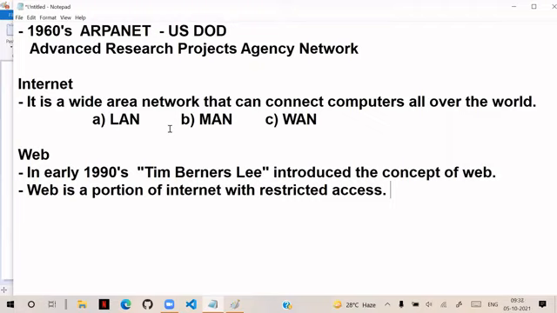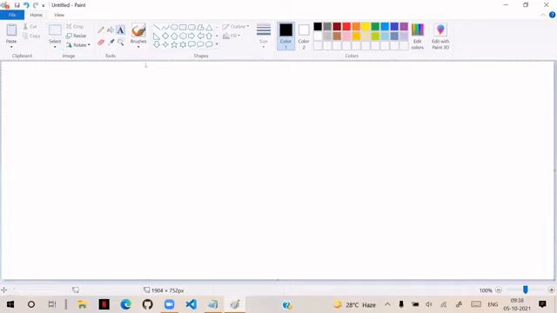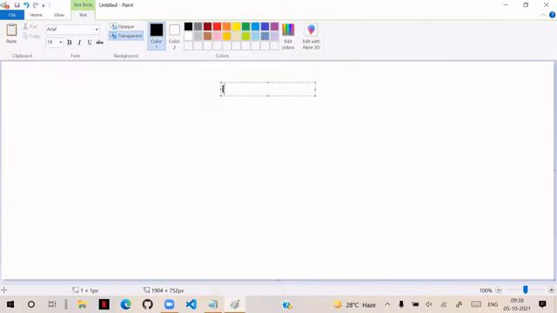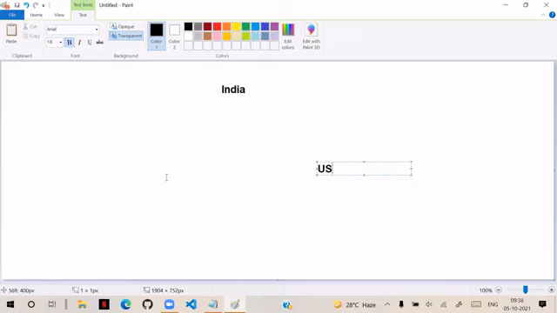For example, suppose we have India, and we have US, and some UK, like this.